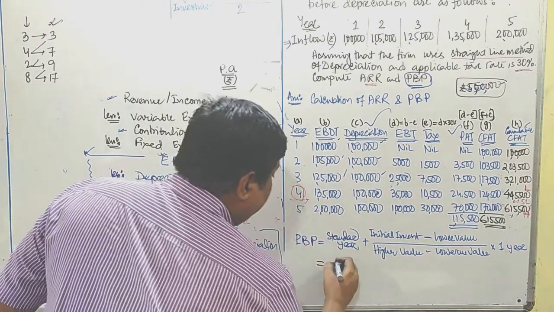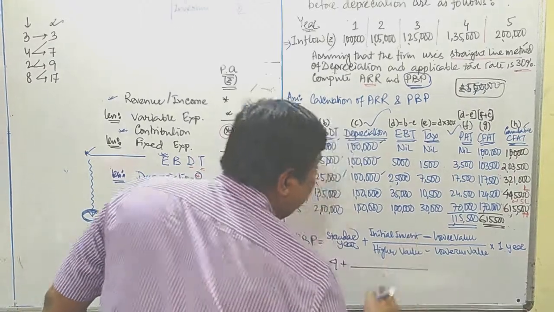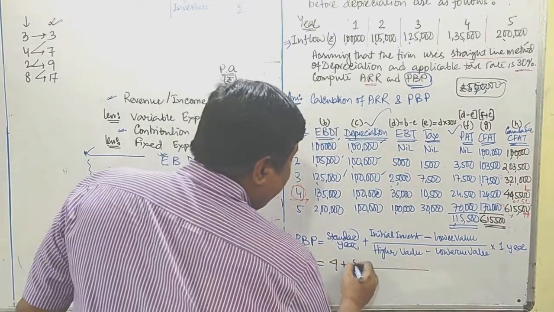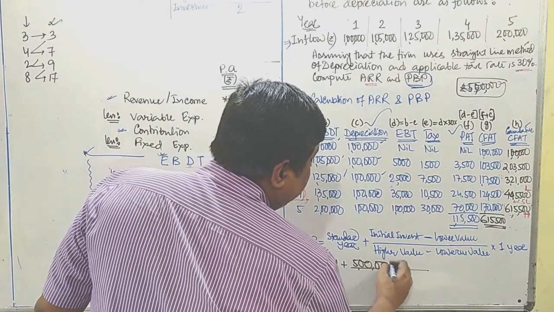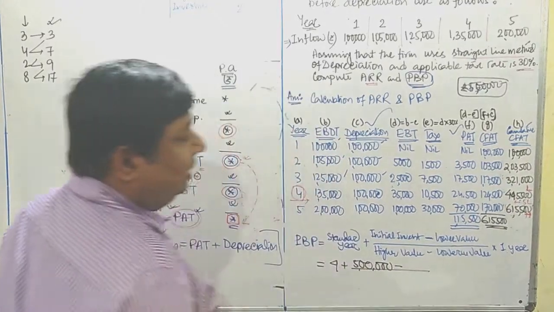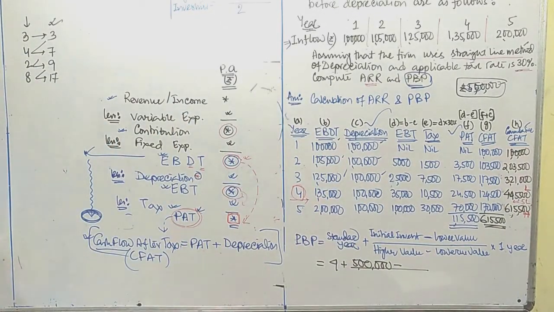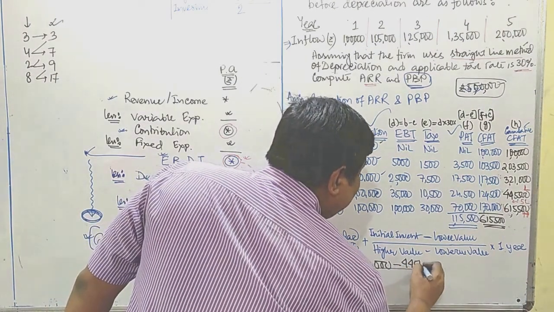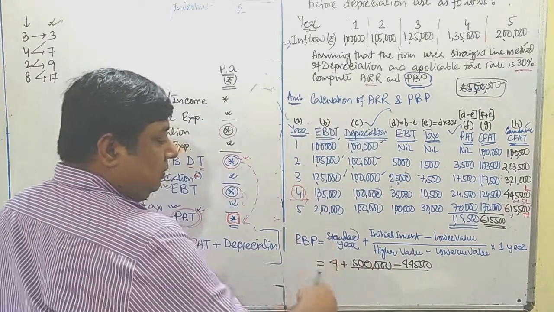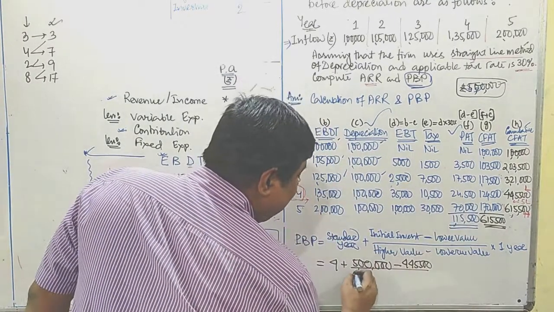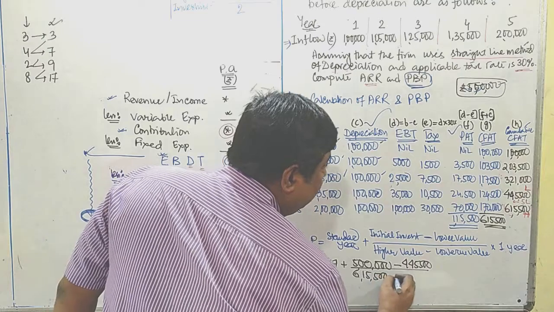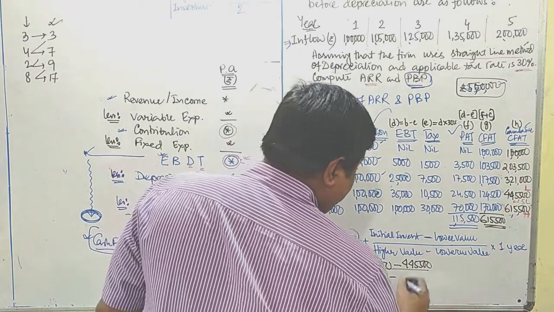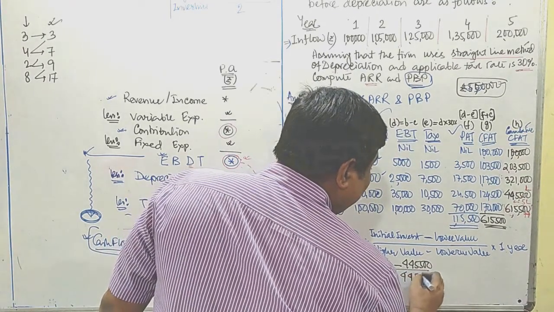Standard year, that is 4th. Initial investment, how much we invested initially for the project, that is 5 lakh rupees. Lower value, as I said, 5 lakh lies in between 4 lakh 45,500 and 6 lakh 15,500. Then 4 lakh 45,500 is your lower value, divided by higher value, that is 6 lakh 15,500 minus lower value, again 4 lakh 45,500.